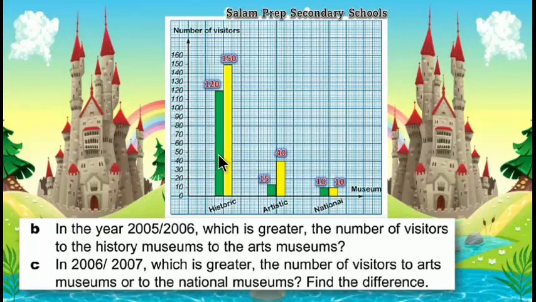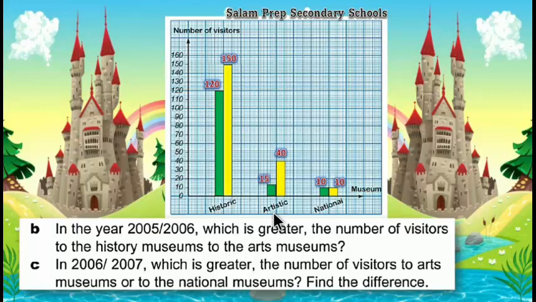But take care, we need two museums, History Museum and Art Museum. 2005-2006, number of visitors 120 in Historic Museum.